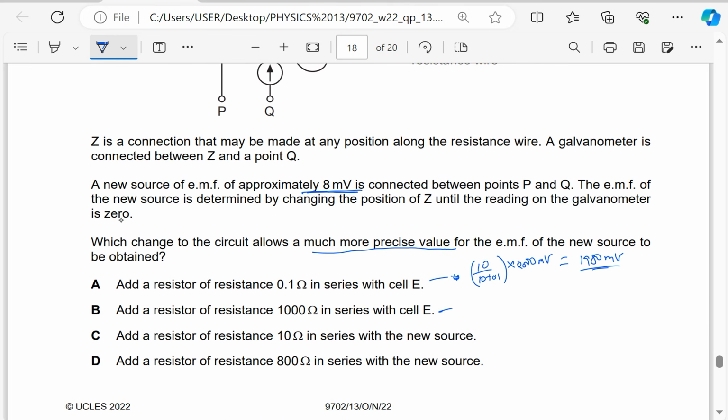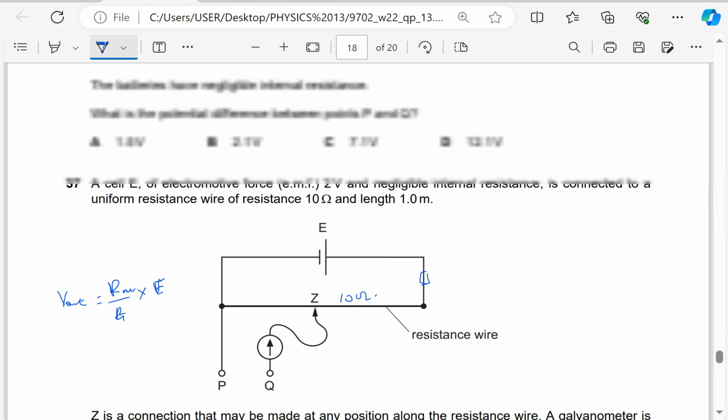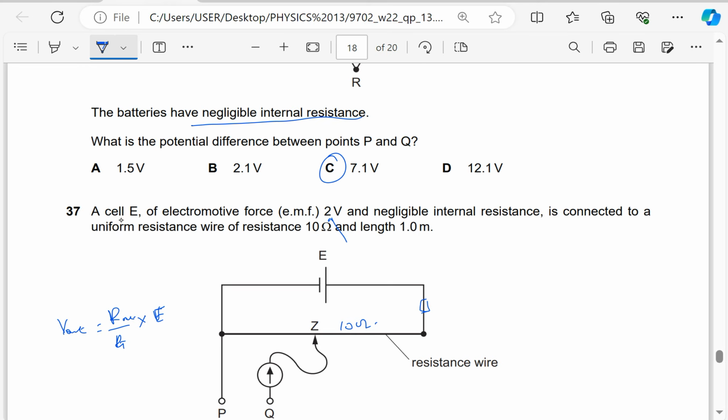Let's check the second one. The second one is going to be 1000 over 1000 plus 10 for the wire. No, it is going to be 10 because we are finding the PD across the wire. So it is 10 over 1000 plus 10 times 2000 millivolts, multiplying by 2 volts, which is 2000 millivolts.